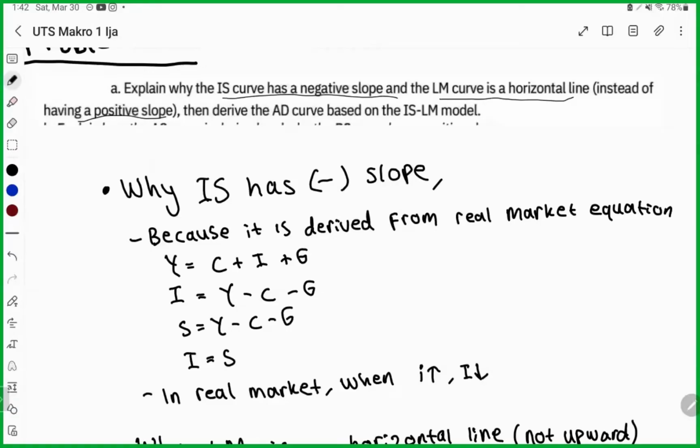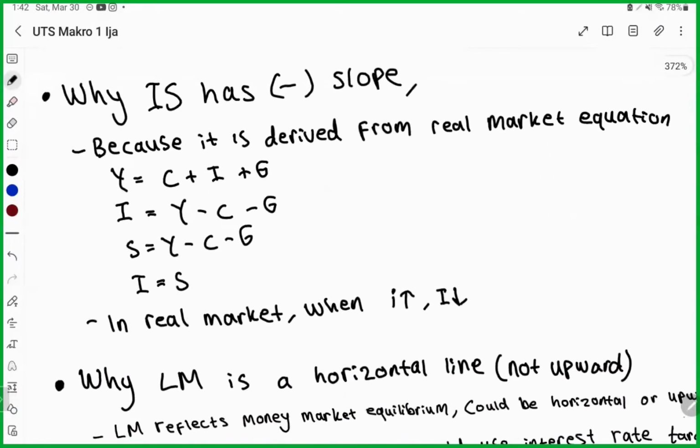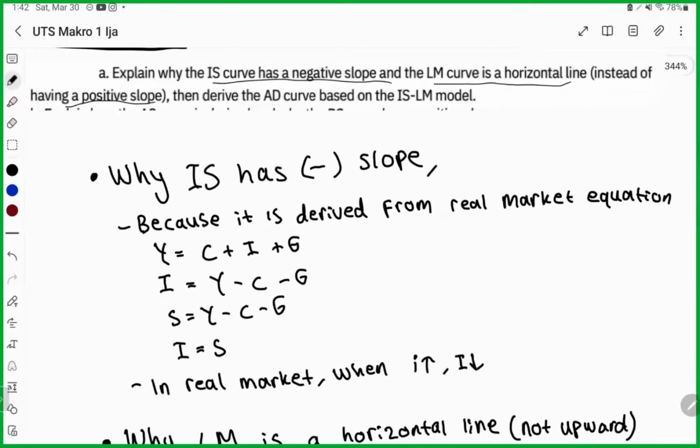To address the first problem, why does the IS curve have a negative slope? Well, it's because it is derived from real market equations. And as we know, the real market equation is Y equals C plus I plus G. This is the real market equation, aka the goods market.